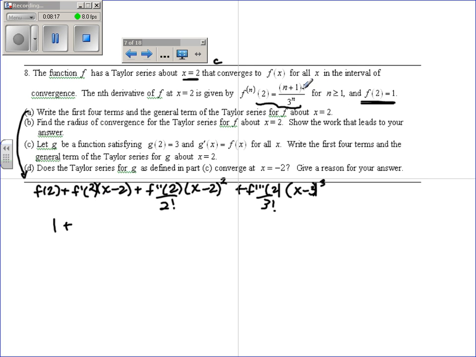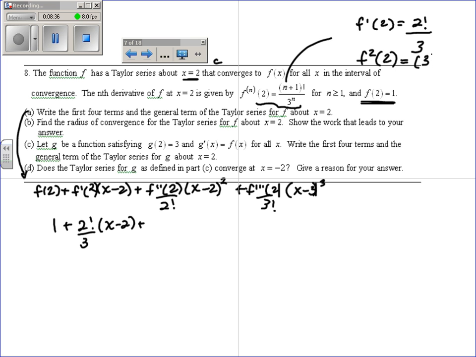F prime of 2, use this formula right here. So f prime of 2, if n is 1, then we have 2 factorial over 3. F double prime, if that is 2, then I would have 3 factorial over 3 squared.